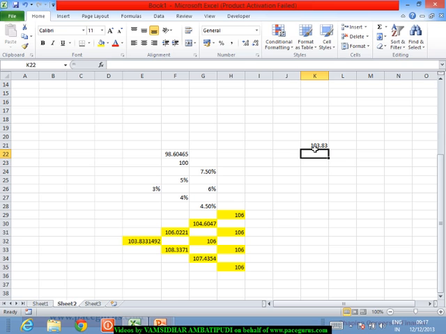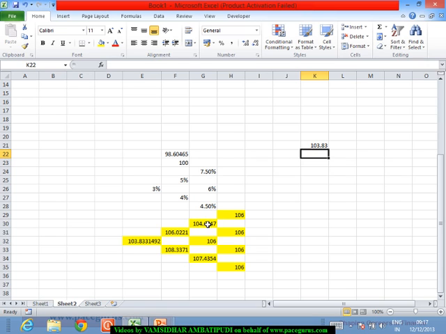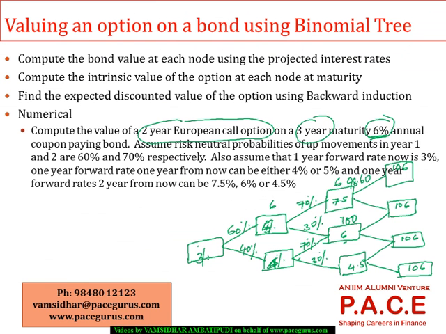Okay, so let me leave it like this, 103.83. Now let's say I want to introduce the option, and this option is a 2-year maturity European call option. All are important for me. 2-year maturity European call option means it can be exercised only at the end of 2 years.